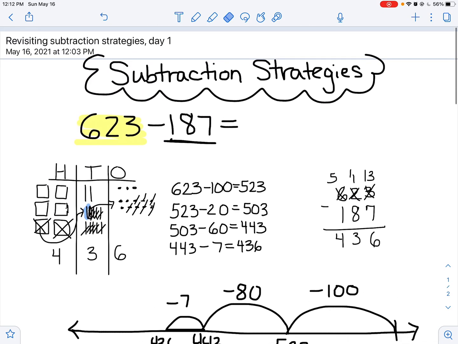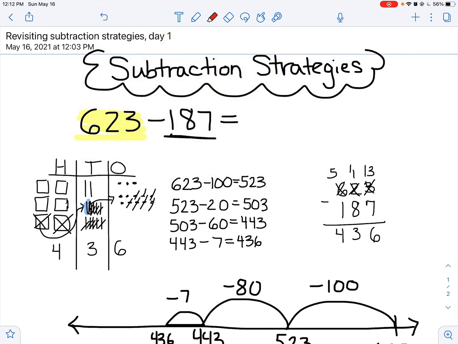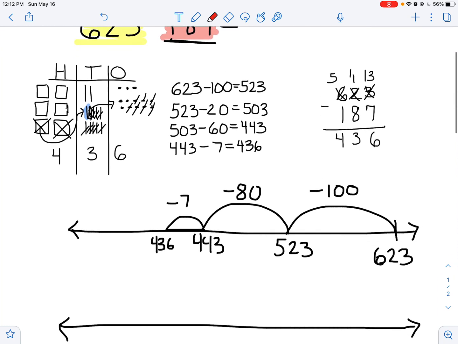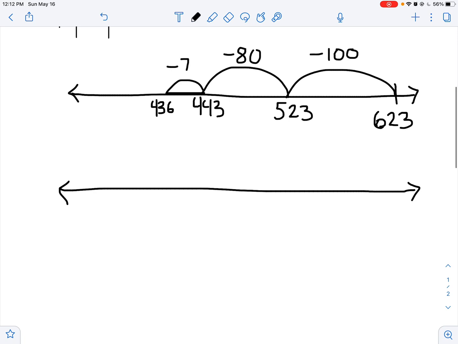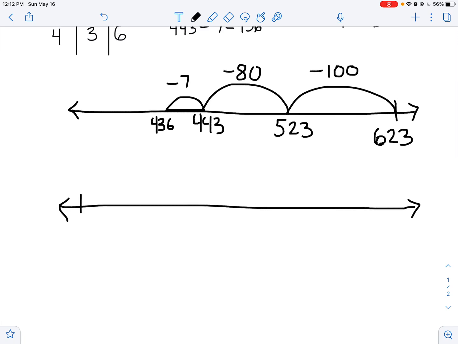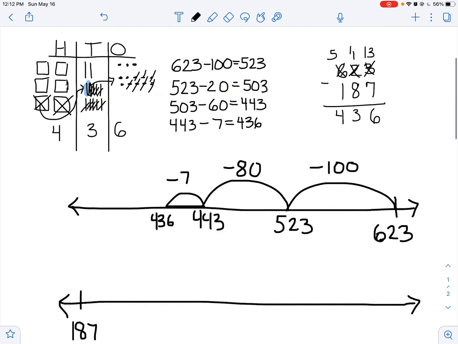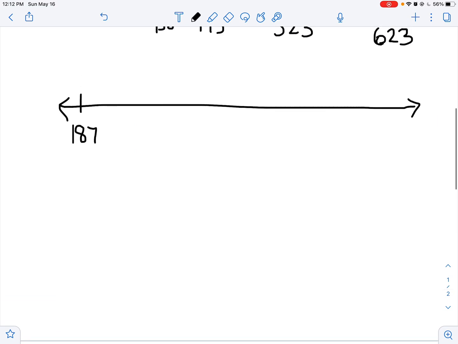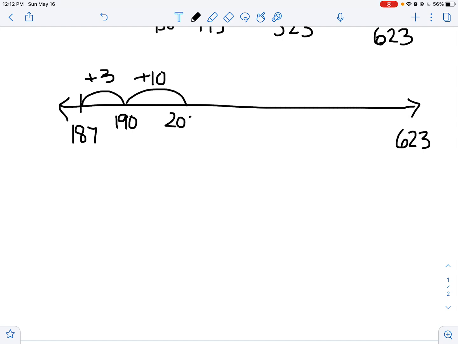So you can start with your smaller number of 187 and see how much it takes you to get to 623. So I can start at 187 and keep in mind that I'm trying to make it to 623 over here. So I would add, let's see, I want to add 3 because that gets me to a nice 190. That's nice and easy. Now I'm going to add a 10. That's going to get me to 200.